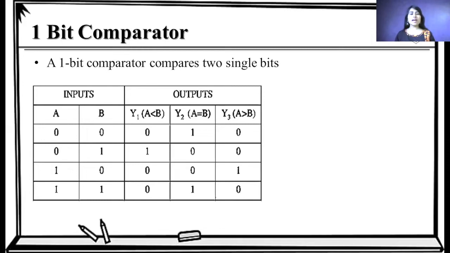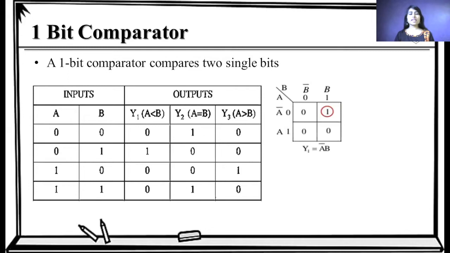Now let's identify the equations of y1, y2, y3 from the K-map. Let's calculate y1 first. Here we have the K-map for y1. We have 0, 1, 1, 0 for the combinations of A, B. For 0 0 we have 0, for 0 1 we have 1, and for 1 0 and 1 1 we have 0.